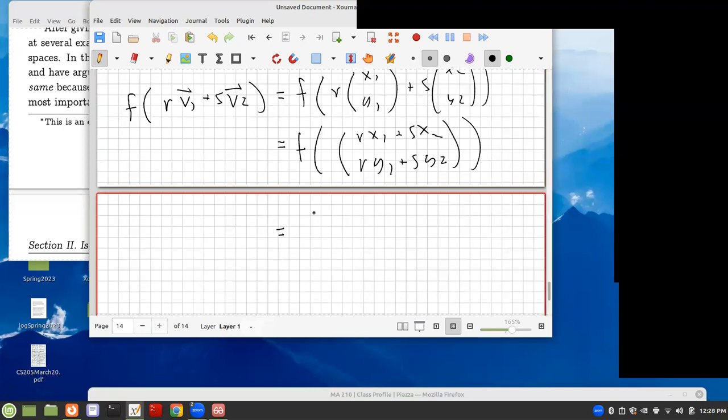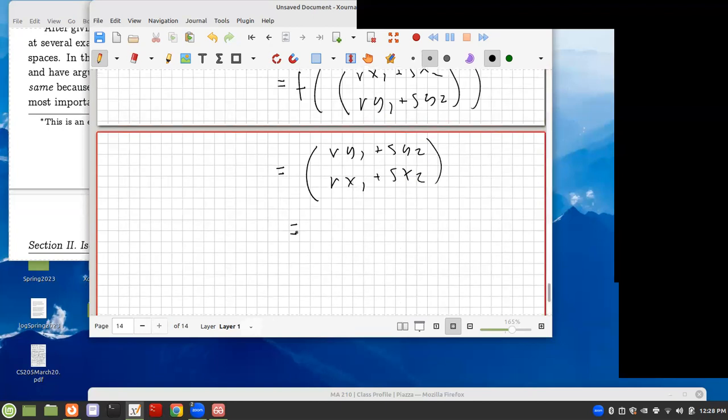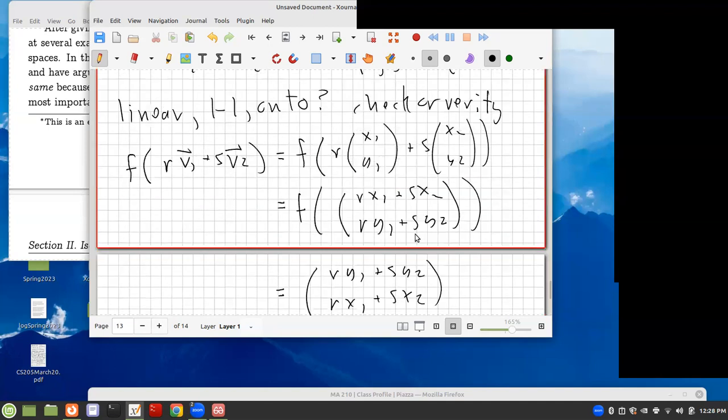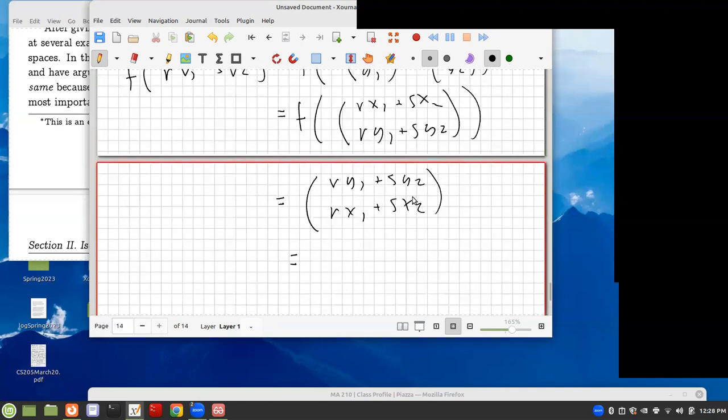So this is going to be (Ry1 + Sy2, Rx1 + Sx2). Just like we did last time, we have the y's on this side, so we can simplify this as R times (y1, x1) plus S times (y2, x2).